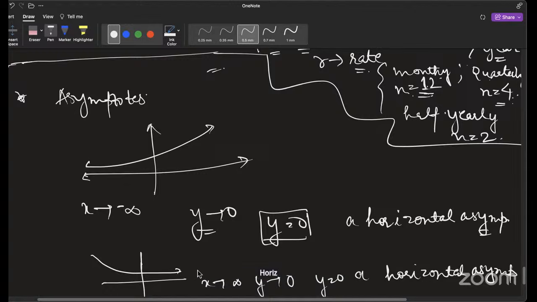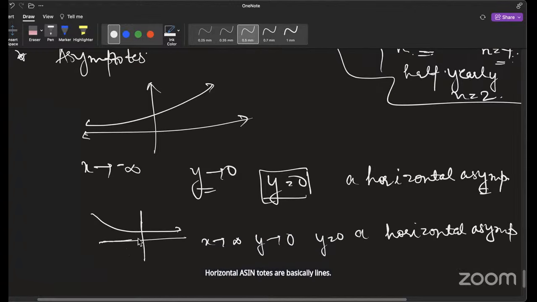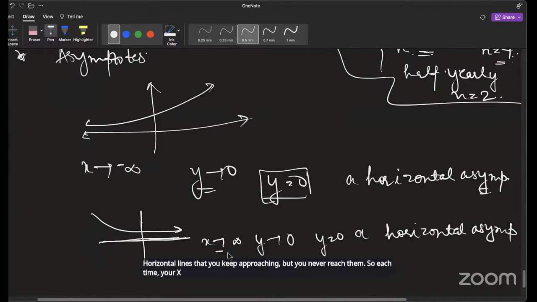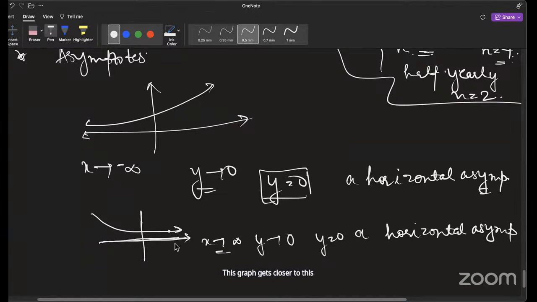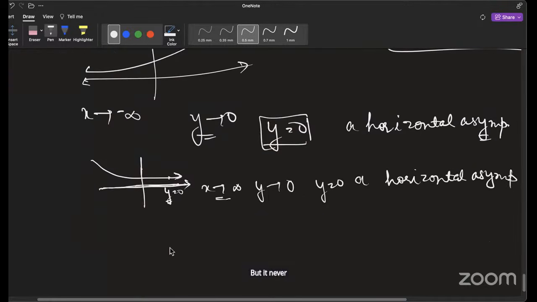Horizontal asymptotes are basically horizontal lines that you keep approaching but you never reach them. Each time your x increases, this graph gets closer to the x-axis, or y equals 0 line, but it never touches it.